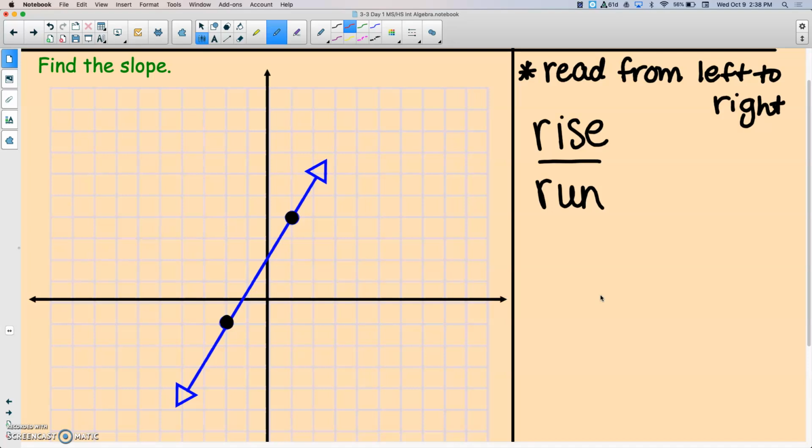Starting at the point on the left, I am going to rise first. So I rise 1, 2, 3, 4, 5, and then run 1, 2, 3. I rose 5, meaning I went up 5, so that's a positive. And then my run, I went across to the right, which is also a positive. So this slope is positive 5/3. My line is going up from left to right, so it's a positive slope, rise over run, 5/3.